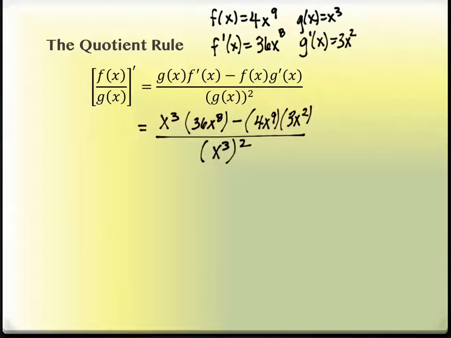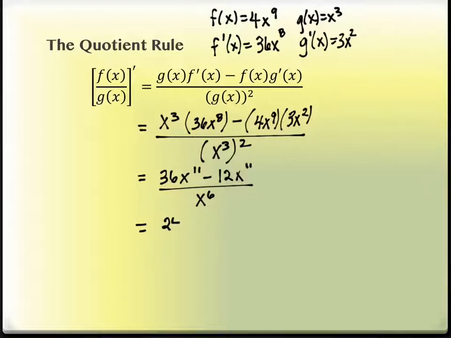Now we're going to have to clean up a lot to see that it works, so that's the next step. I do in fact have 36x to the 11th, minus 12x to the 11th, divided by x to the 6th. So what is 36x to the 11th minus 12x to the 11th?